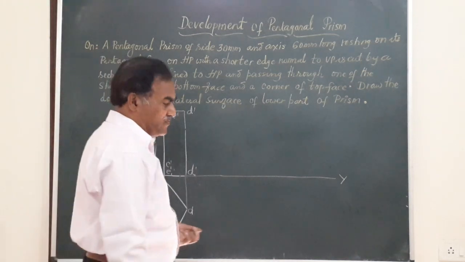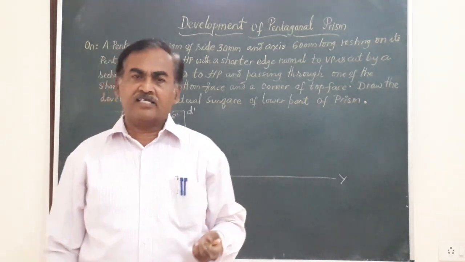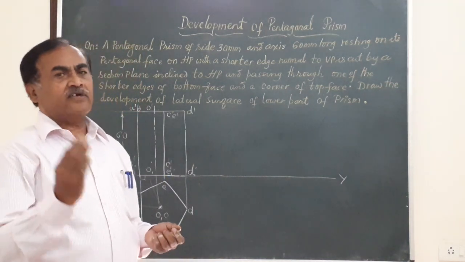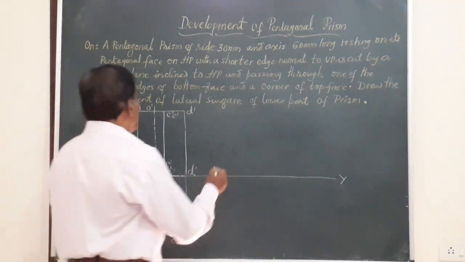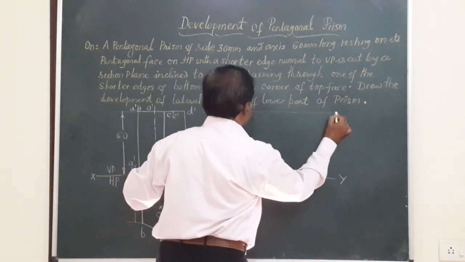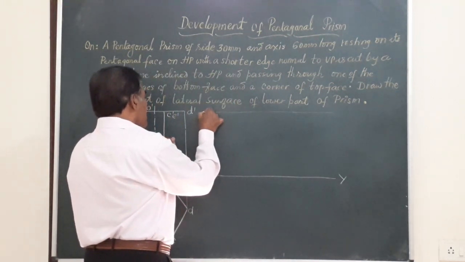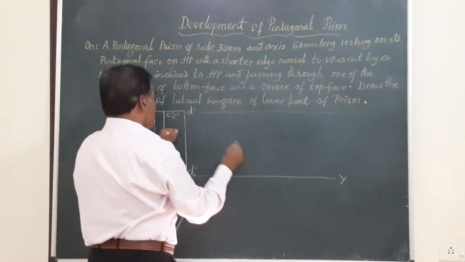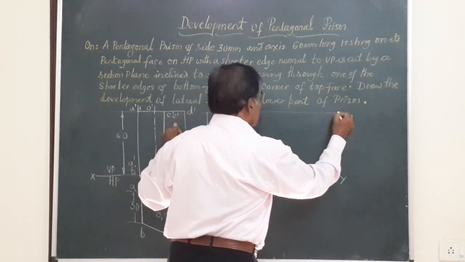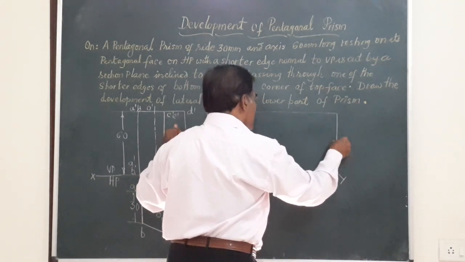So let us assume that the solid is not cut by any section plane. So in the development you are going to have 5 rectangles to start with, where the height is equal to 60 mm and the width is equal to 30 into 5. 5 is the number of sides, 30 is the size of each shorter edge.